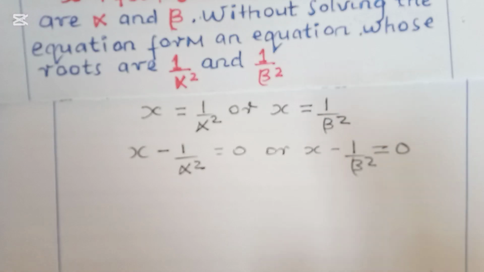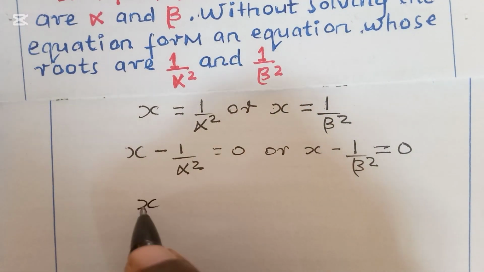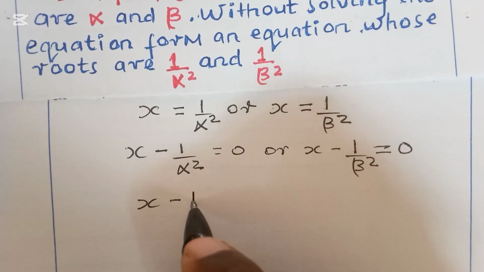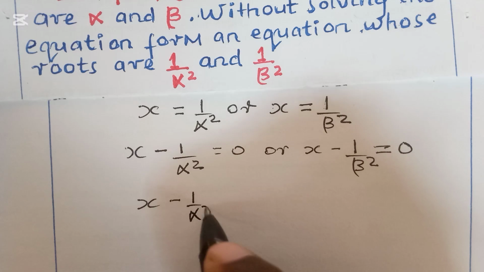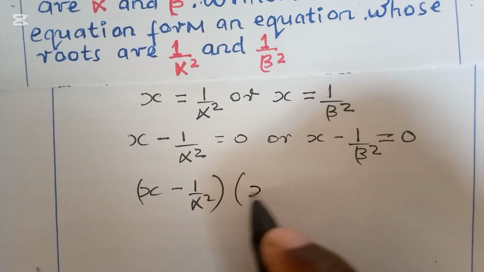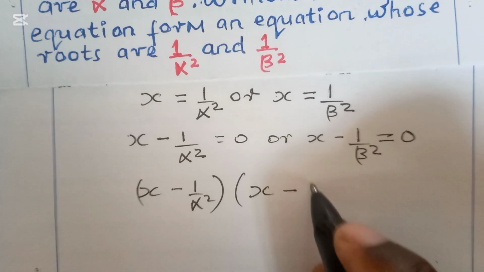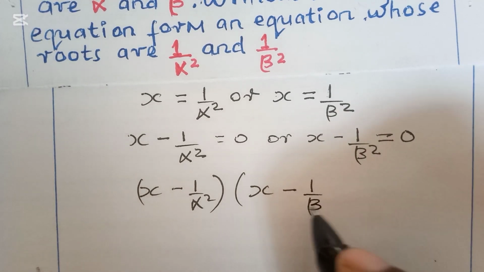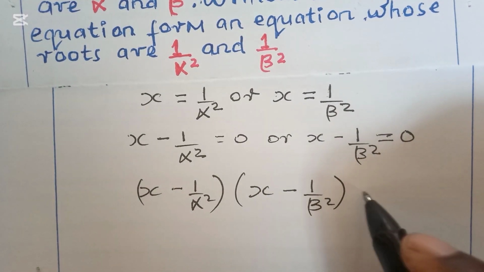And so the factors for that will be x minus 1 over alpha squared and x minus 1 over beta squared. This is equal to 0.